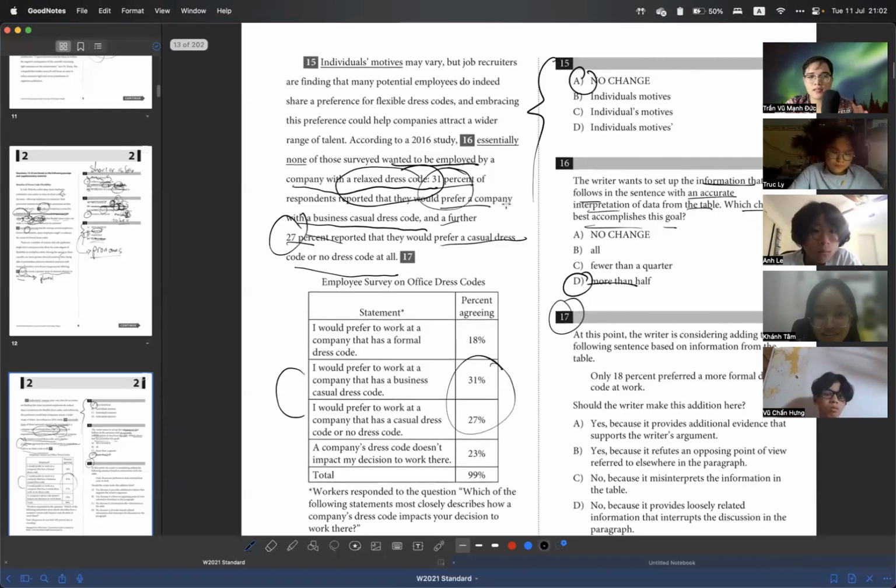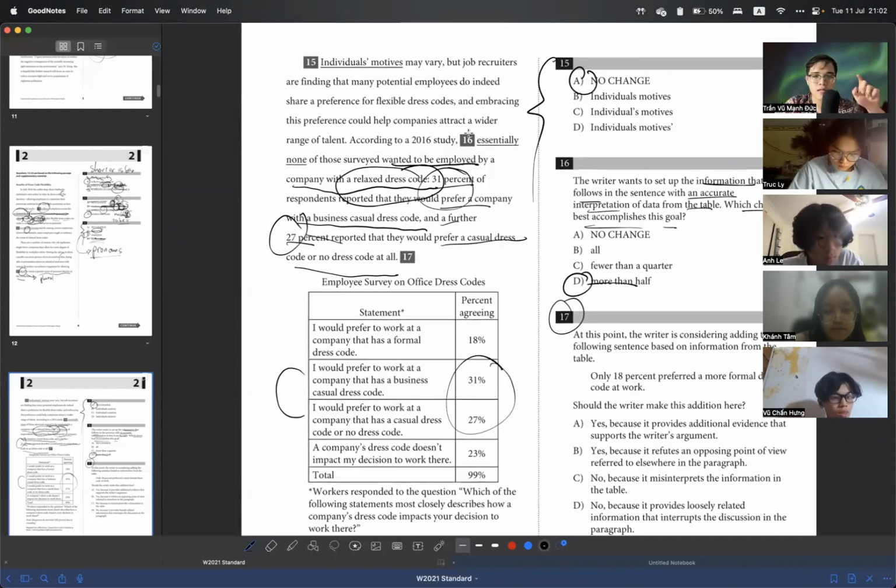Because this paragraph is talking about how many percent, the numbers, and they're talking about the survey. Exactly. Yes, the survey. They're talking about how people would prefer having a relaxed dress code to not having a strict one. So firstly, you can see that A and B are correct because they are directly related to the topic of the paragraph.